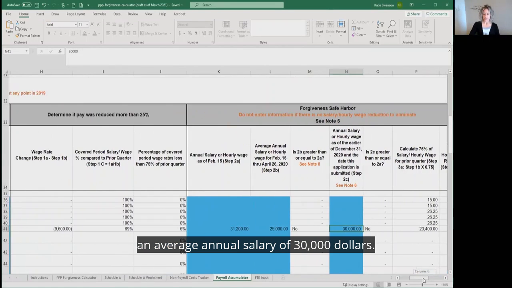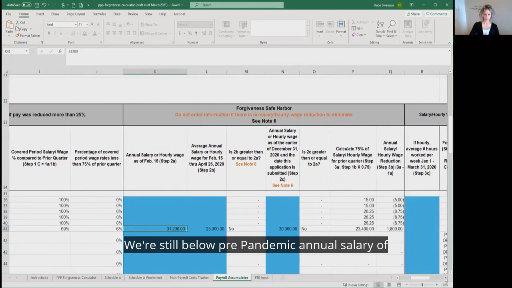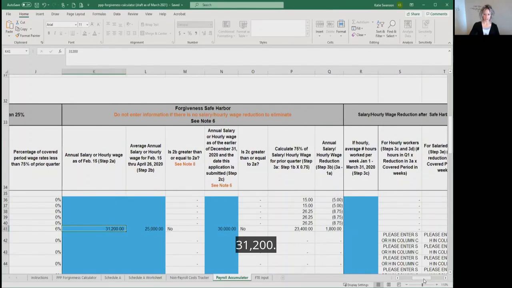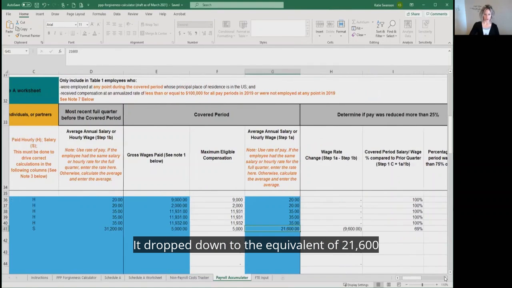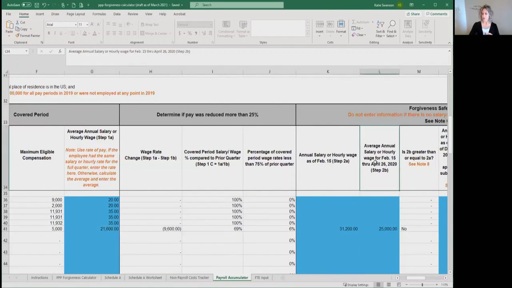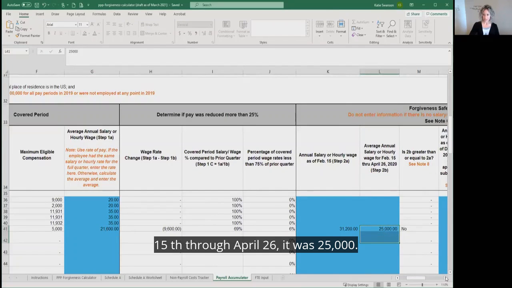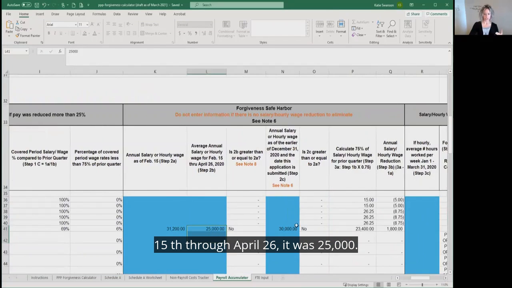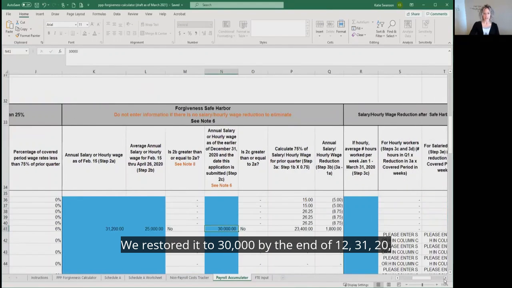So we're still below the pre-pandemic annual salary of $31,200. It dropped down to the equivalent of $21,600 during the covered period; during this comparison period of February 15th through April 26th, it was $25,000. We restored it to $30,000 by the end of 12/31/2020. But what's the impact on forgiveness?